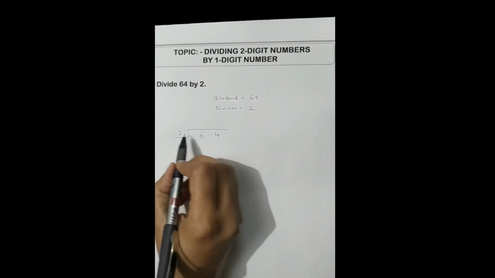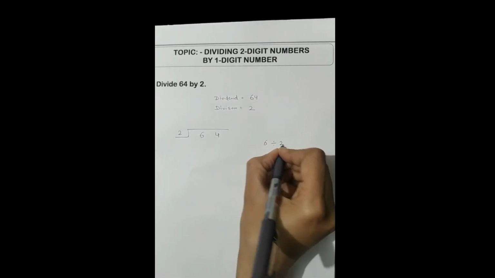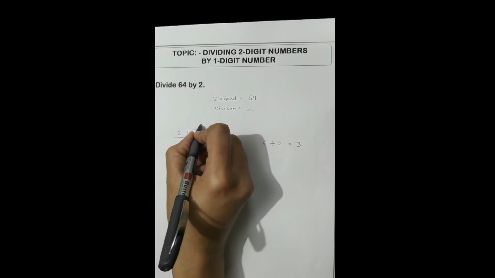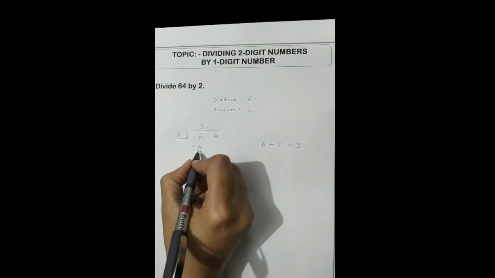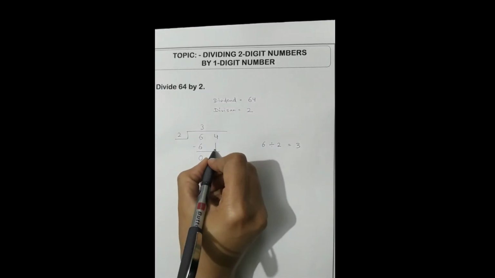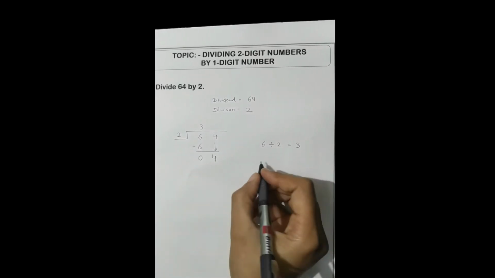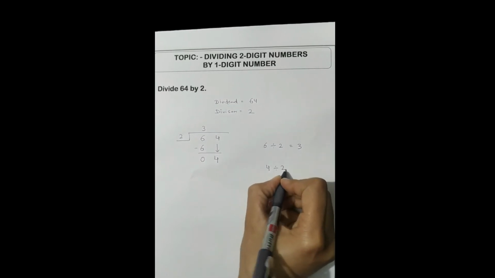Divide 6 tens by 2. 6 divided by 2, we get 3. So write here 3 as a quotient and 6 here. 6 minus 6 will get 0. Bring down 4 ones here. Now divide 4 ones by 2.